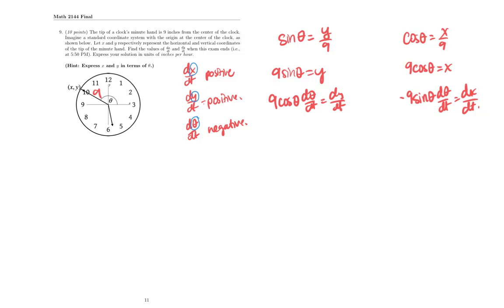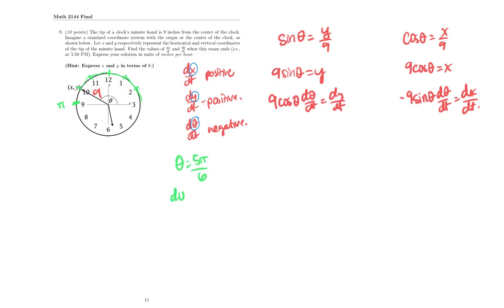Okay. So what I need to do now is I need to figure out what is theta at this point. So if I think about this, I know that this is pi. So pi is being divided into 6 equal pieces. And so 1, 2, 3, 4, 5 sixths of pi. So theta is equal to 5 pi over 6 in this instance.